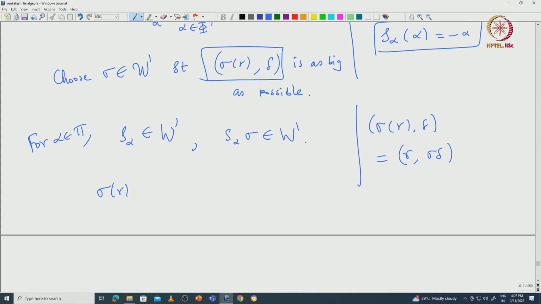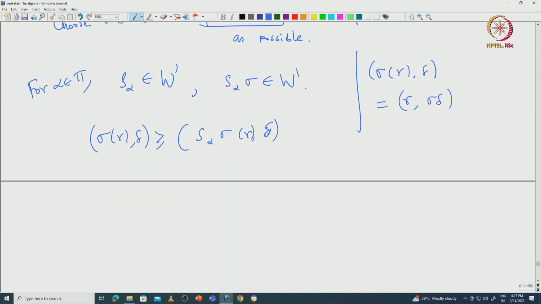So, the sigma gamma delta is going to be bigger than S alpha sigma times sigma of gamma times delta. So, that is going to be smaller than this. Okay. Sigma gamma delta must be greater than or equal to S alpha sigma gamma delta.